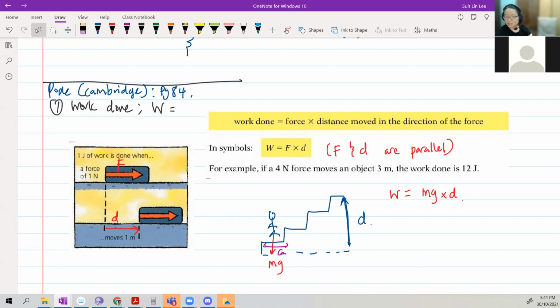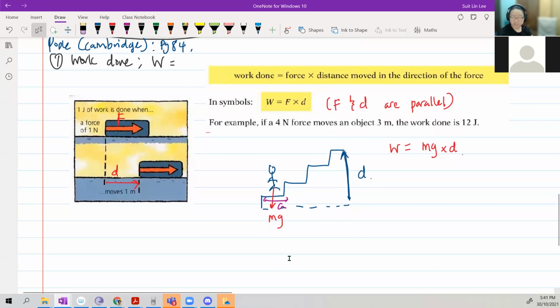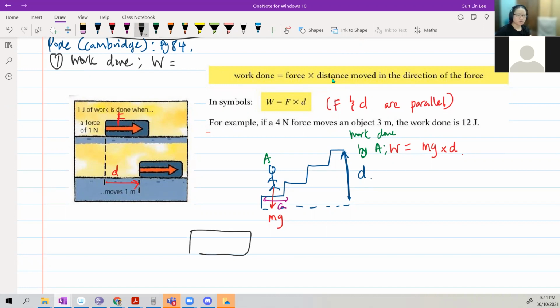Okay, so whenever we think about energy, work done causes a change in energy. For example, when Amina climbs the staircase, this W is the work done by, let's call her A. But there's obviously an energy conversion from one form to another form.